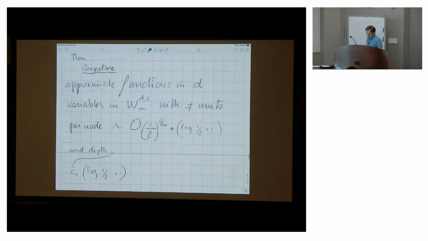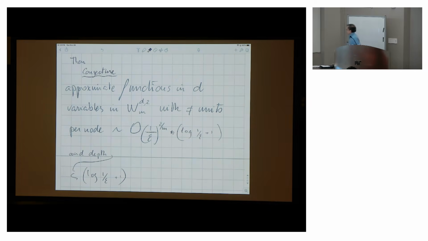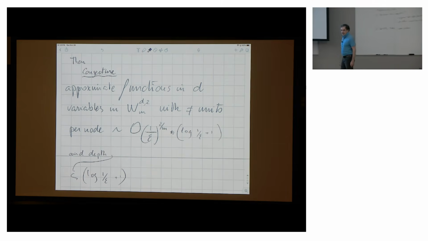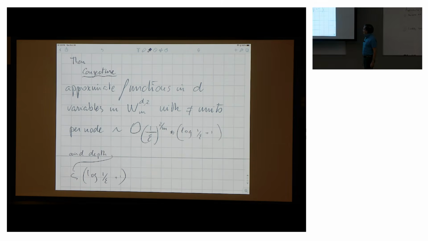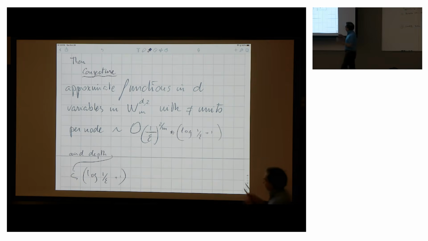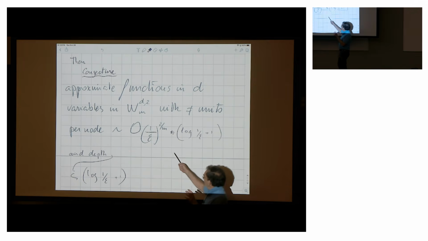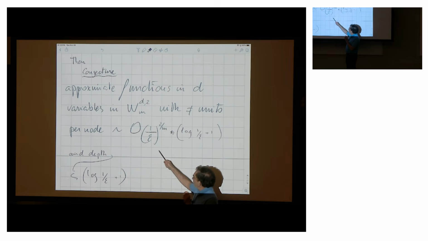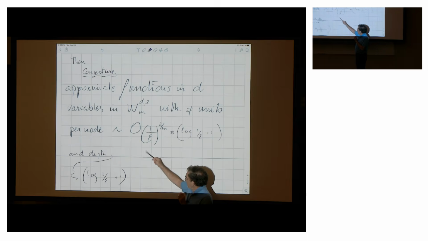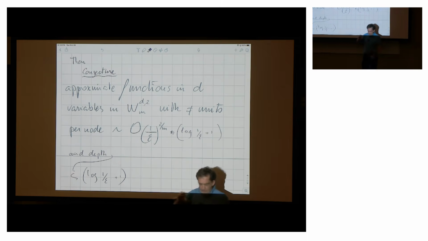you should be able to prove this conjecture, that you can use discontinuous ReLU with the same results that I showed before, but instead of having a shallow network at each node, you may have to have a ReLU network with a small depth.